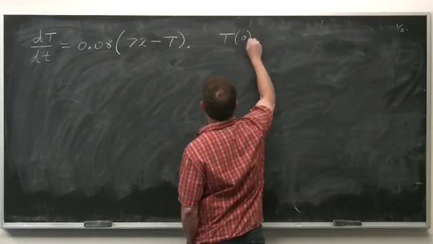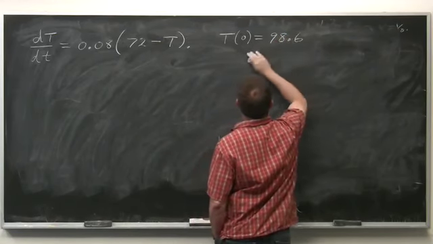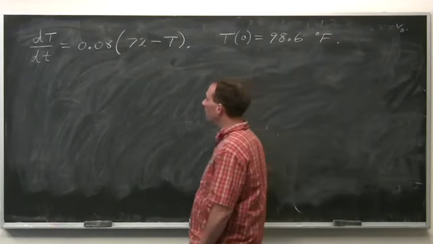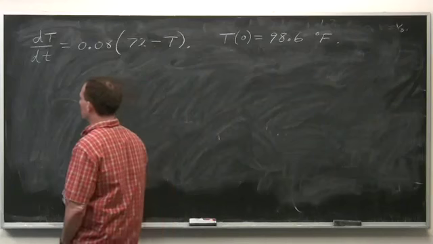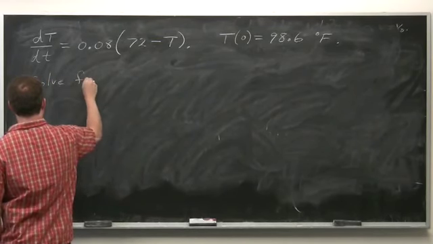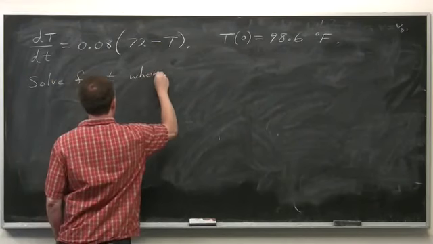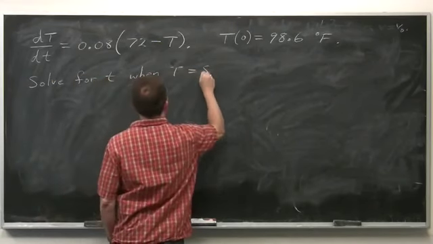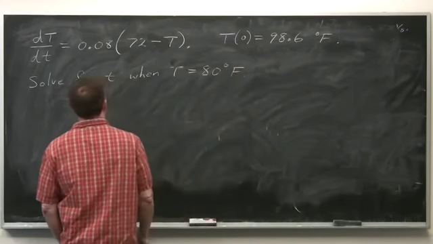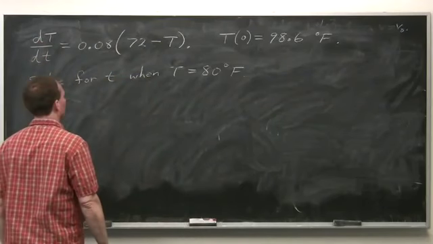T at time 0, the initial temperature of the liver, we're assuming is 98.6 degrees Fahrenheit. What we'd like to do is solve for little t when big T equals 80 degrees Fahrenheit. So this is in degrees Fahrenheit per hour.